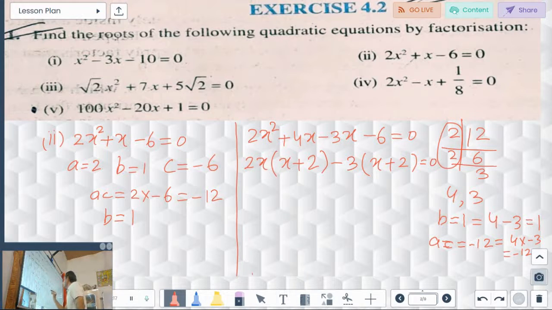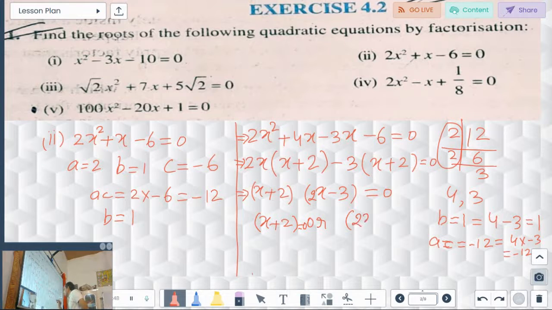Now x plus 2 and 2x minus 3 equal to 0. There are two factors: x plus 2 equal to 0 or 2x minus 3 equal to 0.